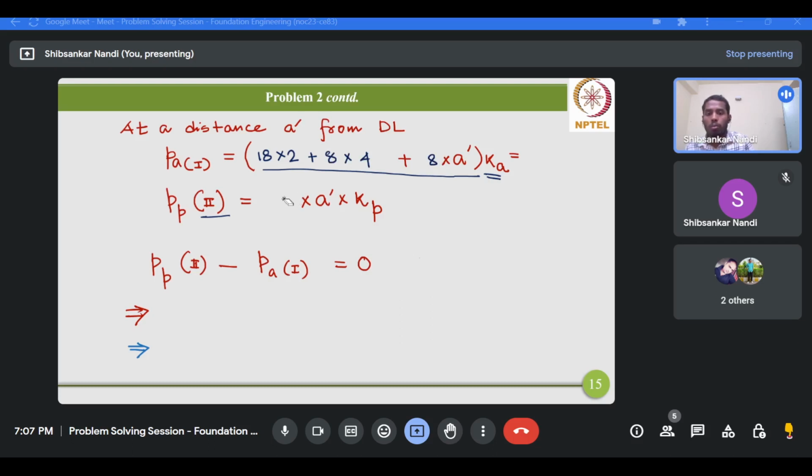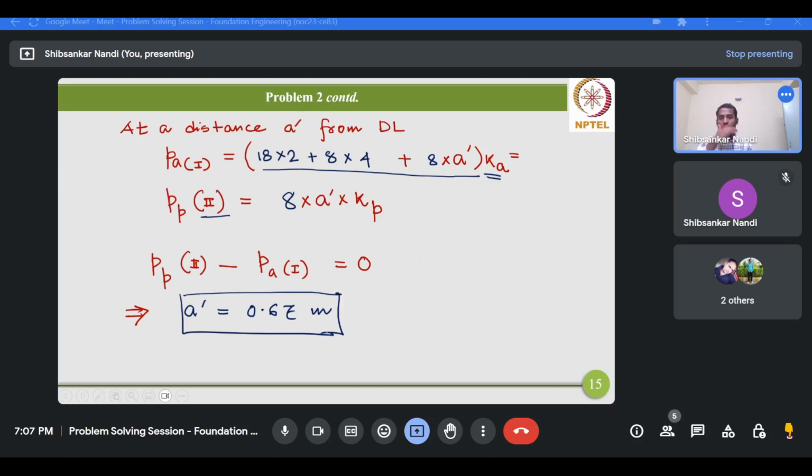Let me put it in this fashion only. If you don't round up earlier and calculate in the final stage, you will end up with the value 0.7 meter.